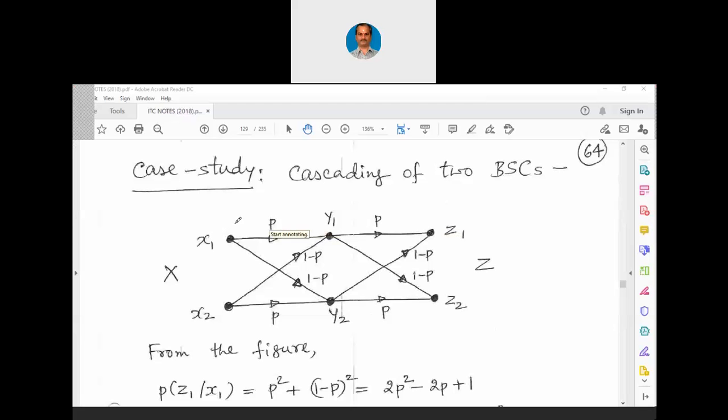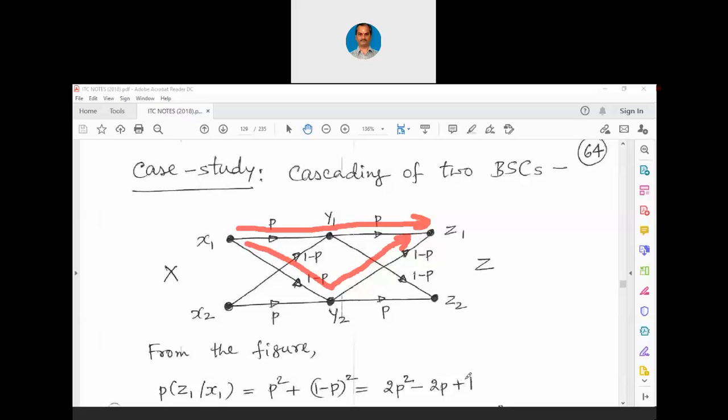From Z1 till x1, there is one way like this. And there is one more way like this. So it is p into p, p square. That is one path. One more is 1 minus p into 1 minus p, 1 minus p whole square. So P of z1/x1 is 2p square minus 2p plus 1.